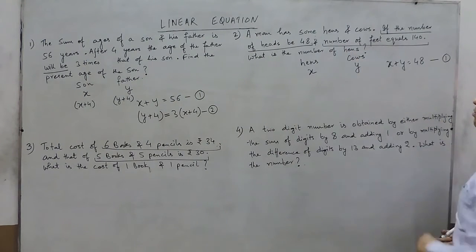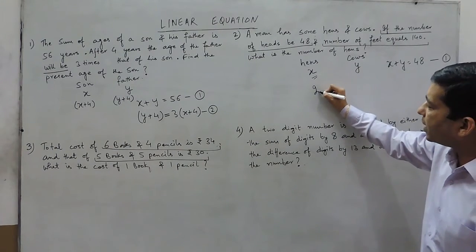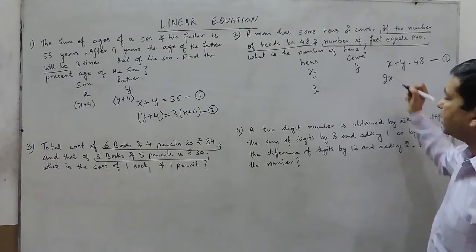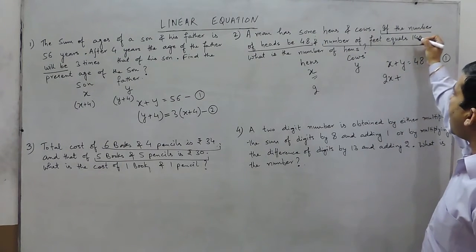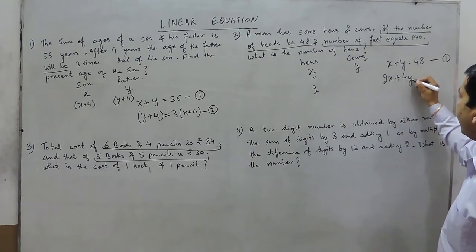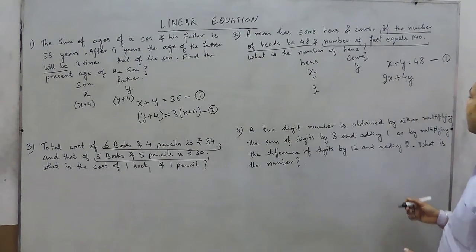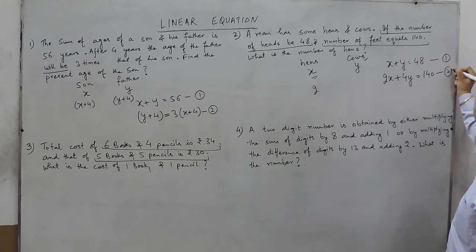Here it is given the number of feet equals 140. A hen has 2 feet, so 2 multiplied by x is the total number of feet of the hens, plus the cow has 4 feet, that means 4 multiplied by y is the total number of feet of the cows. This is equal to 140. This is the second equation.